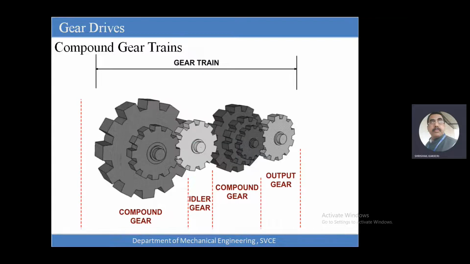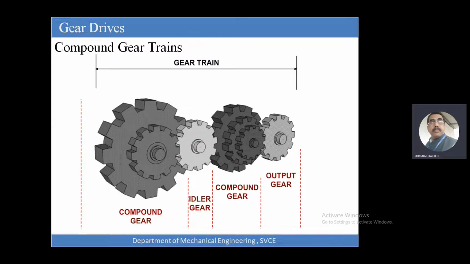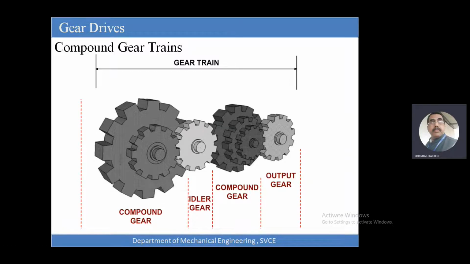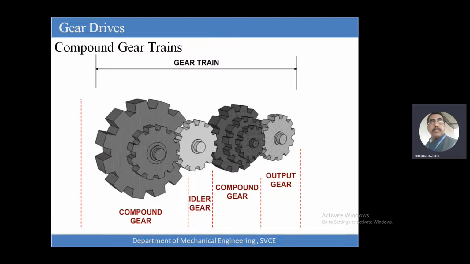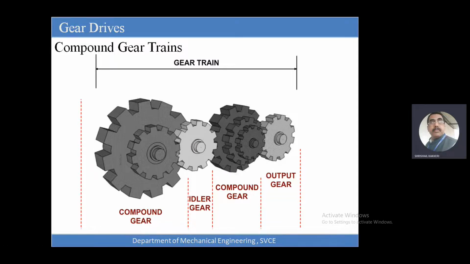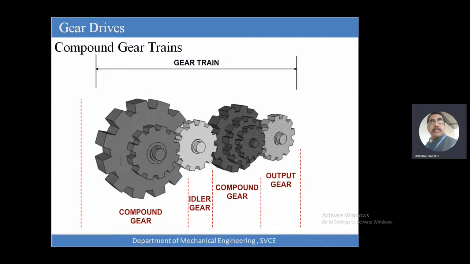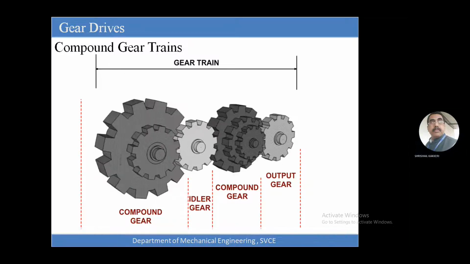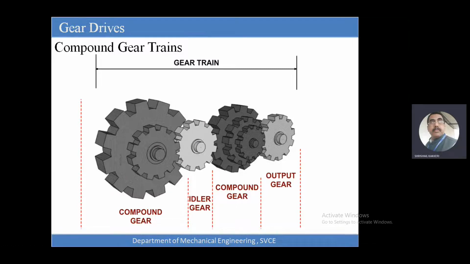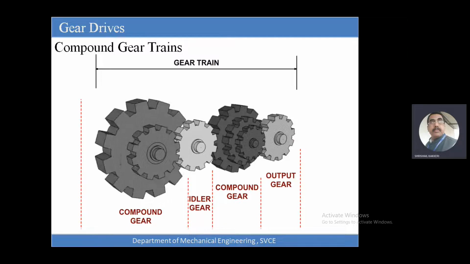Now forget this, come to these two gears. In this assembly, the velocity of the output gear to the velocity of the input gear, N3 by N2, is equal to T2 by T3. And here N1, N2, N3 are the speeds of gears 1, 2, 3 in RPM.